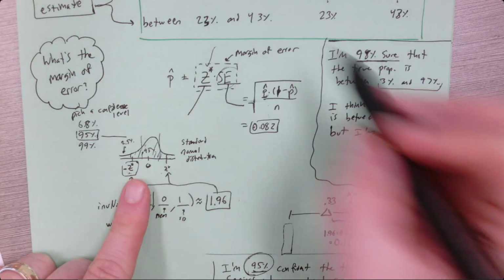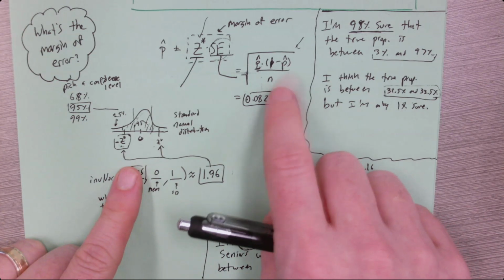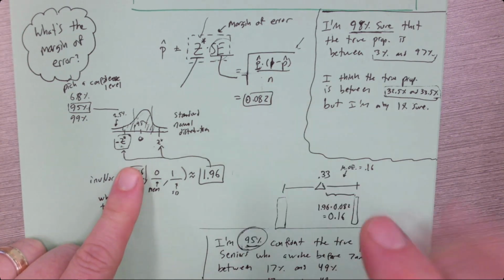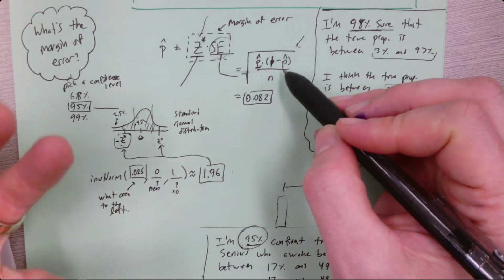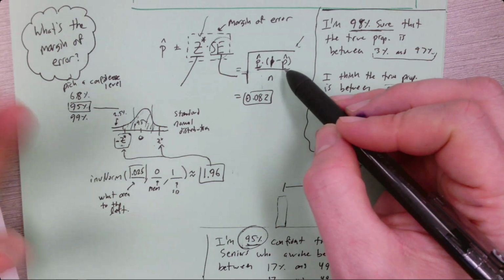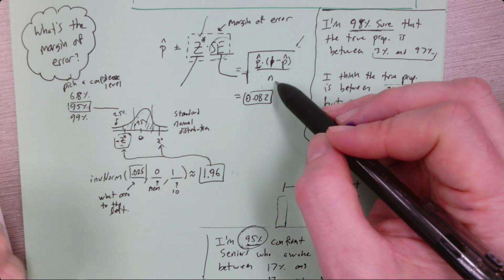Let's think about the standard error side. If you look at how it's calculated, what's the thing that we have control over here? P hat or n? We don't really have control over p hat because that's our sample statistic. That's going to be whatever it's going to be. How many people we ask, that we do have control over.